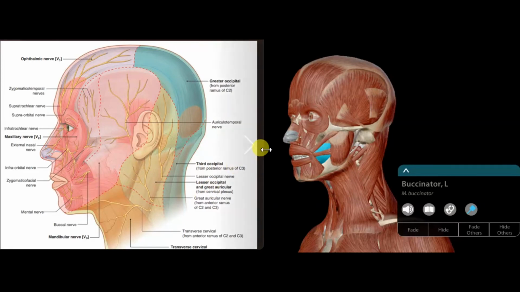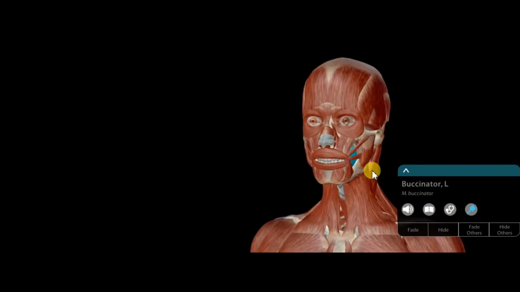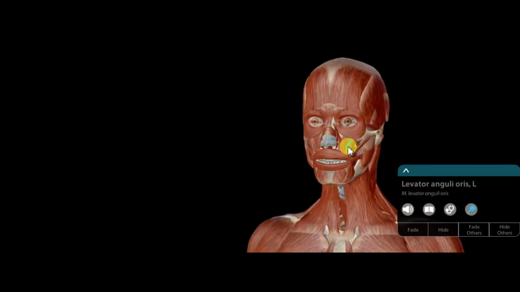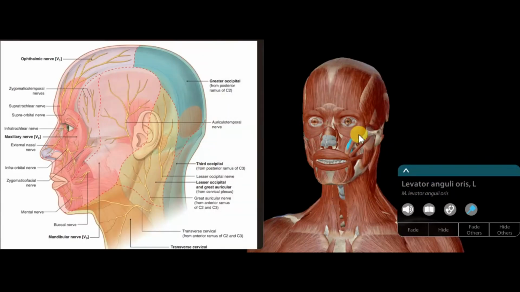The zygomaticus major, zygomaticus minor and the levator labii superioris are innervated by the zygomatic and buccal branches of the facial nerve. And the last one I talked about is the levator anguli oris. It is also innervated by the zygomatic and buccal branches of the facial nerve.